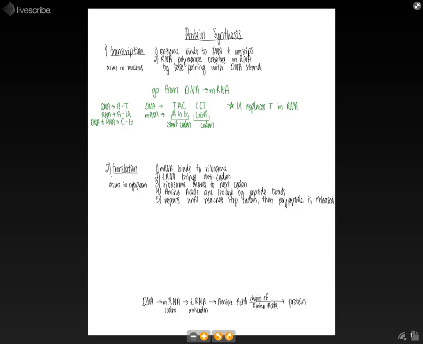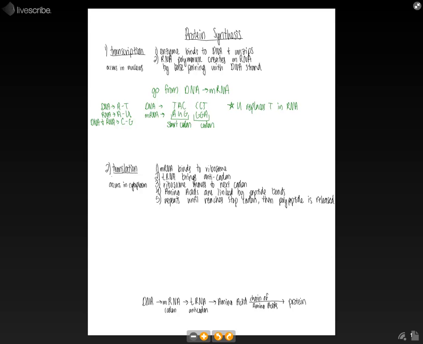The mRNA strand that was created is going to bind to a ribosome because that's the site of protein synthesis. Then a transfer RNA strand is going to come in with its anticodon. This is going to continue, and the ribosome is just going to keep moving from codon to codon, bringing in the specific anticodon.